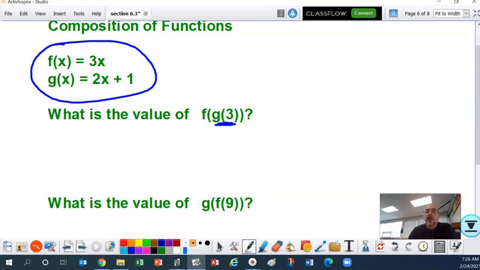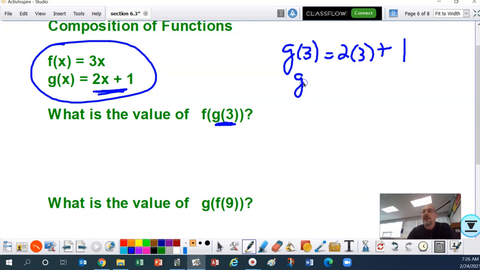So you're going to start by plugging the 3 into the g of x. So we're going to go g of 3 equals 2 times 3 plus 1. Okay, that's right here. And so I'm going to find that g of 3 equals 6 plus 1, which is 7.